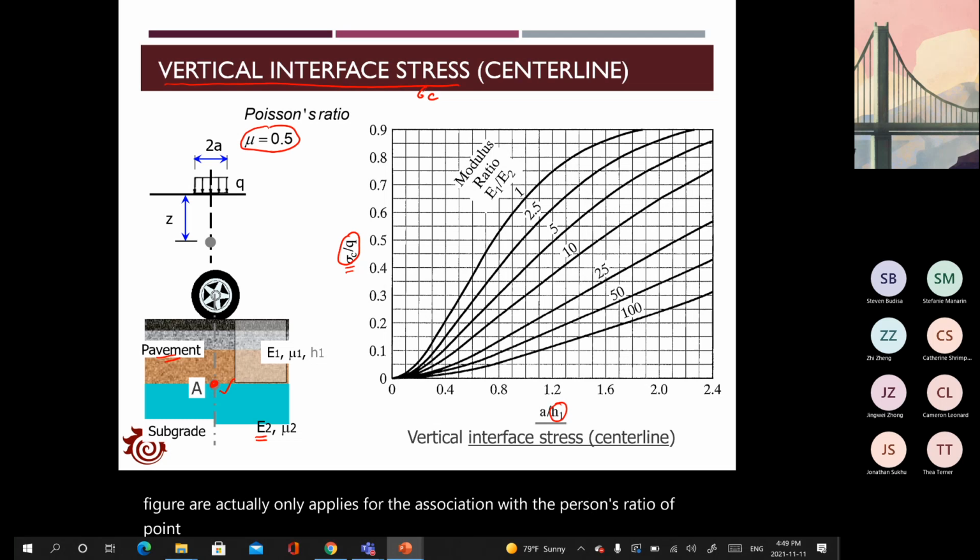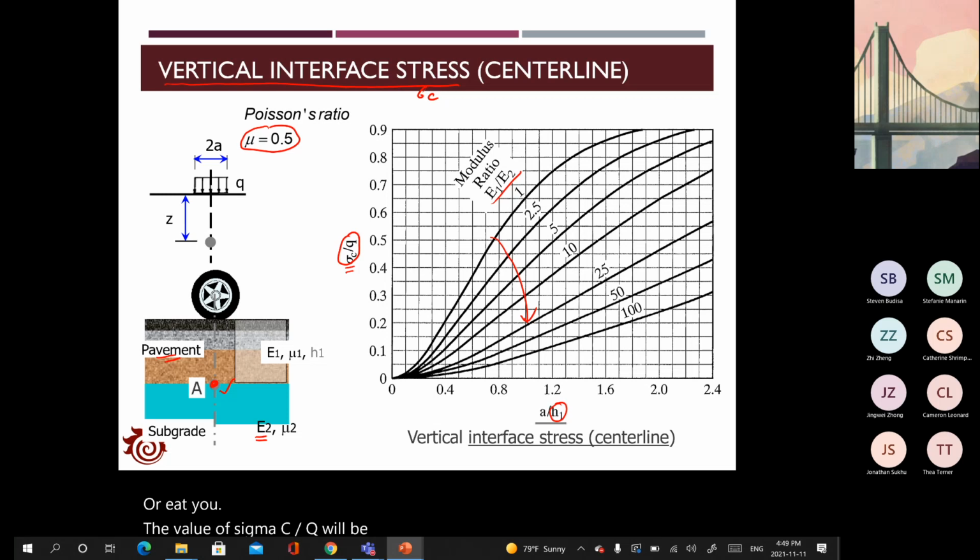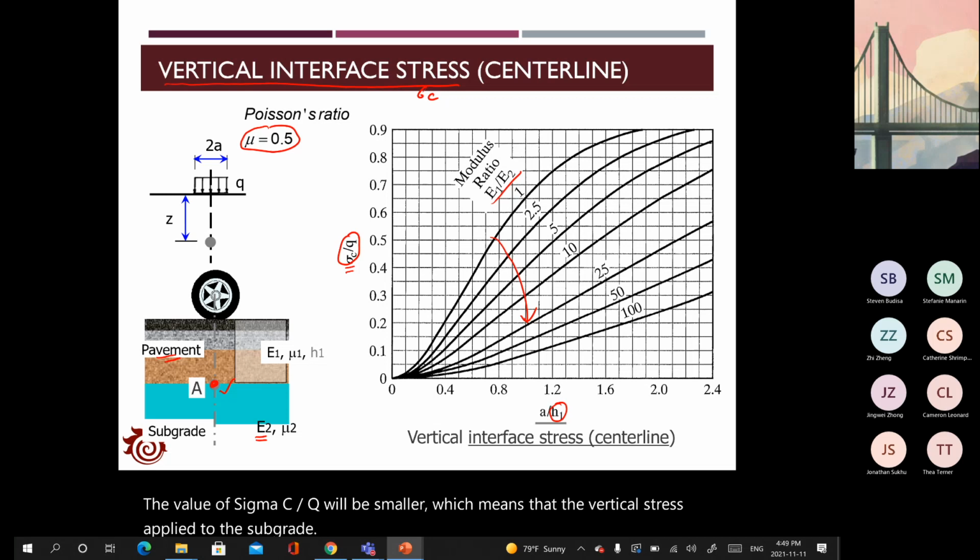And you can see that by increasing the value of E1 over E2, the value of sigma c divided by q will be smaller, which means that the vertical stress applied to the interface of the subgrade will be smaller.